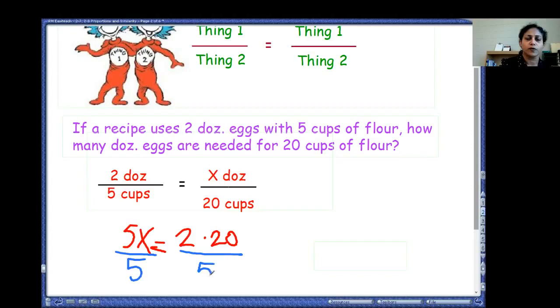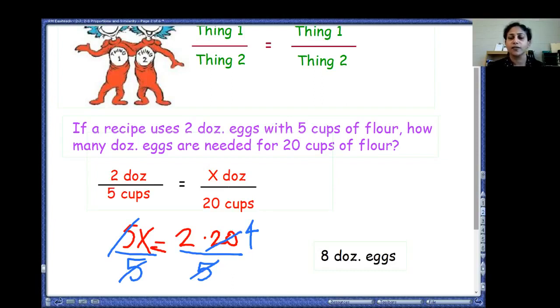And so 5 and 5 cancel, and x is equal to, here these 2 numbers cancel because these are all factors. Remember, only common factors can be cancelled. So x is now equal to 8 dozen eggs. And you would write that as a sentence because this is a word problem.